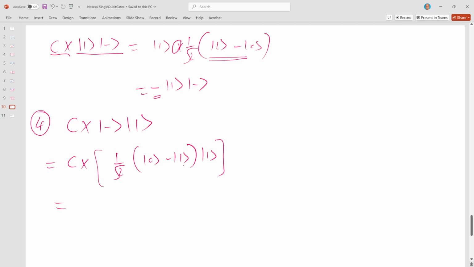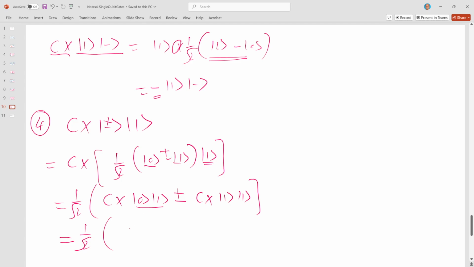So this becomes 1 over square root 2, CX on 0 1 minus CX on 1 1. Actually, let's do two states at the same time. So plus minus. So if the state is plus, there's a sign plus. If the state is minus, there's a sign minus. So we can actually do two examples at the same time.